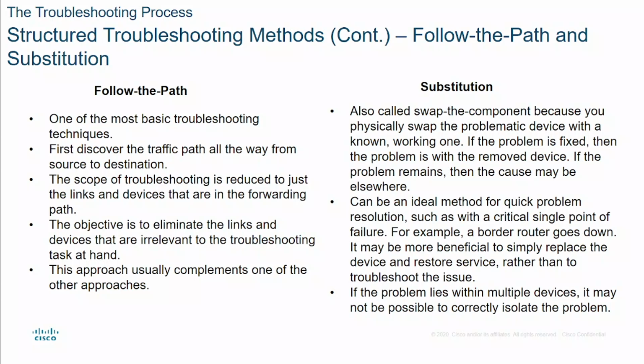It's also called swapping the components, because you physically swap the problematic device with a known working one. If the problem is fixed, then the problem was with the removed device. If the problem remains, then the cause may be elsewhere.